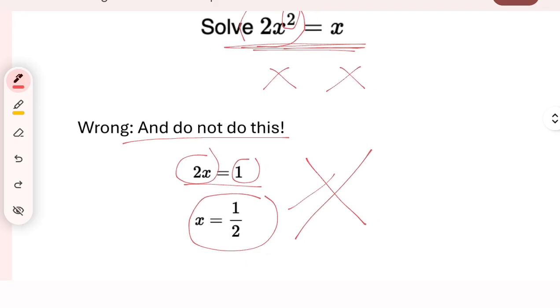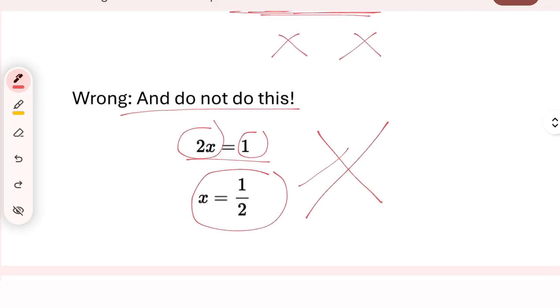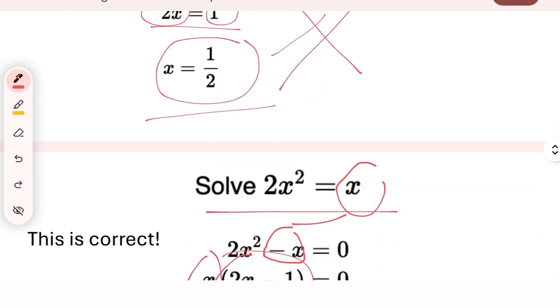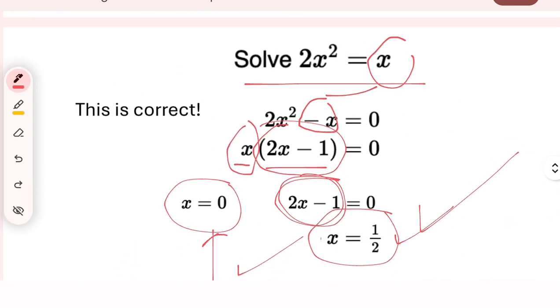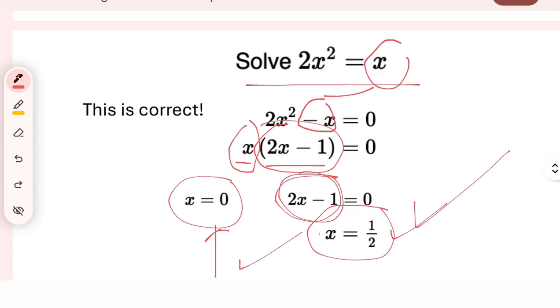In the first part, you only have one because you canceled out one of the x's. So that is wrong. This is the correct way of solving it, because here you get two values of x. One is x equal to 0, and the other is x equal to 1/2. And there you have your two answers for x.